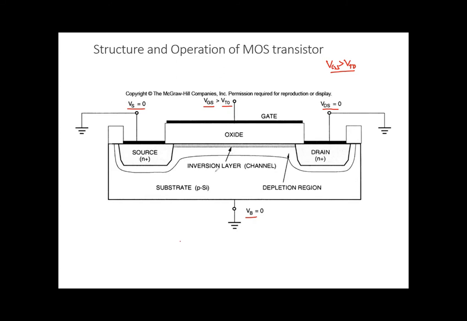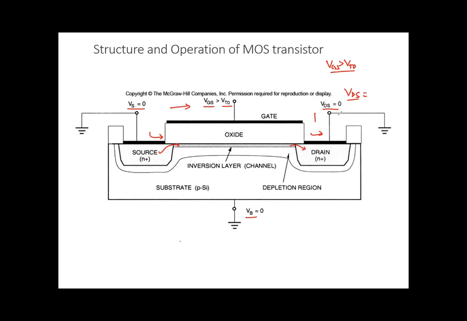Please pay attention here: we don't have any potential or electric field in this direction. Because of that, there will be no flow of electrons from here to here, and there will be no current. The current will be there when some potential is applied at VDS, and that potential makes electrons come to the channel and be supplied to the drain.